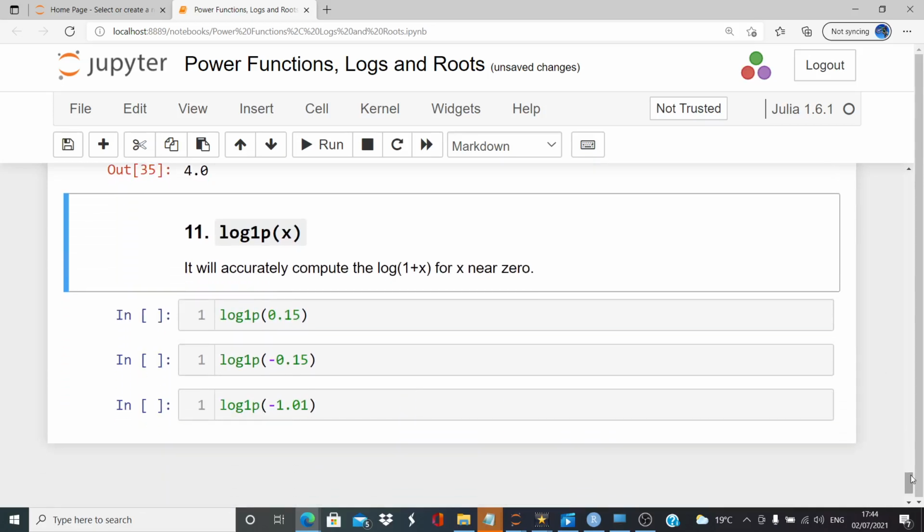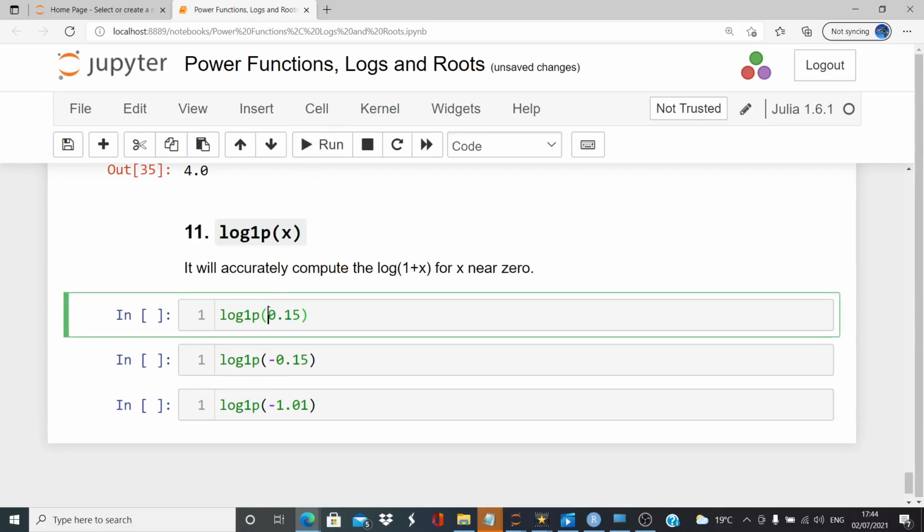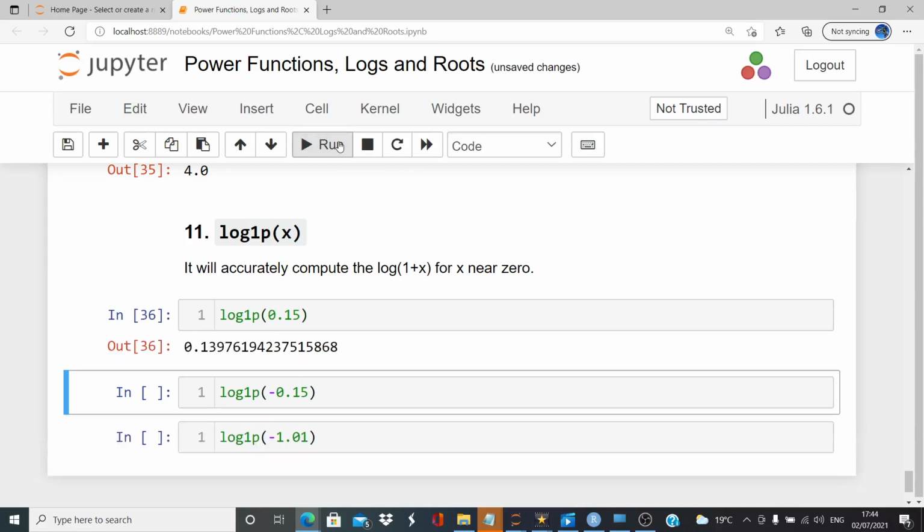Finally, it comes up every so often that you have these special functions for values of x close to 0, where numerical accuracy is important. Here is one, log1p, log of 1 plus x essentially. There we go.